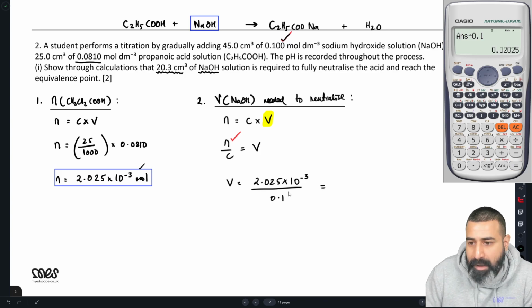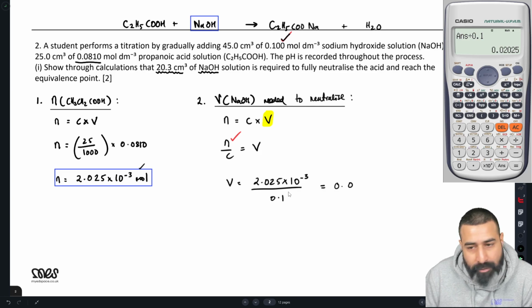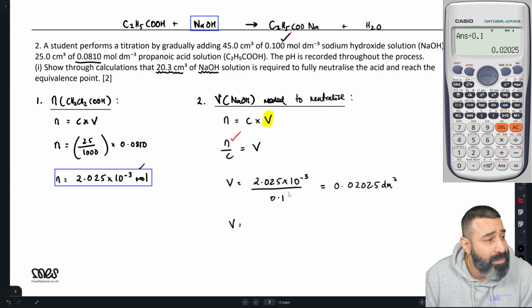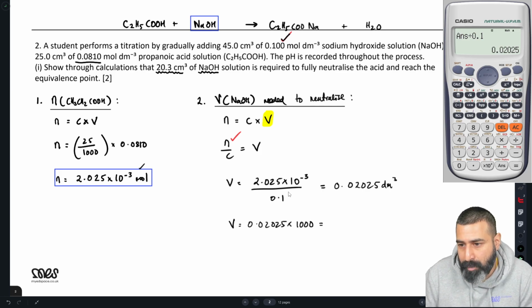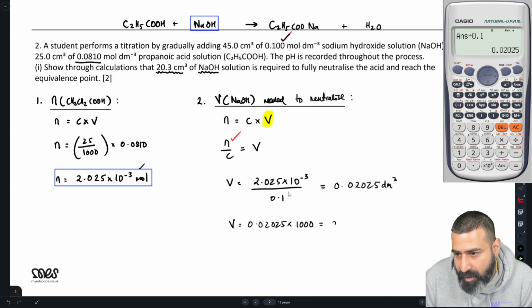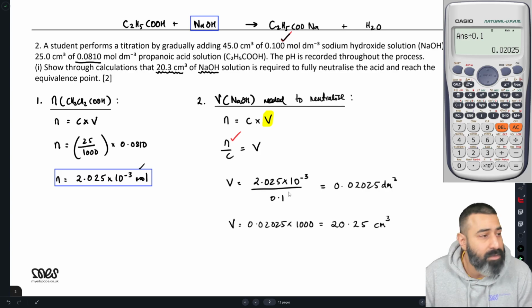So we get 0.02025, and that's in decimeters cubed. So we times that by 1,000 to get that into centimeters cubed. The decimal place is moving 1, 2, 3 places to the right. So this becomes 20.25 centimeters cubed.